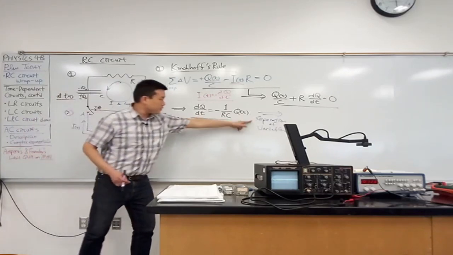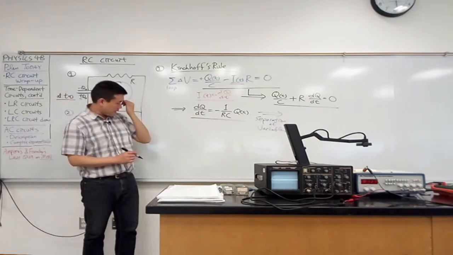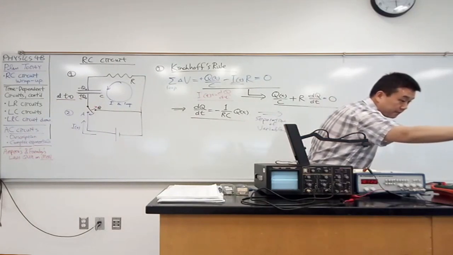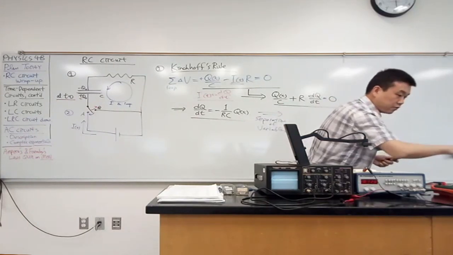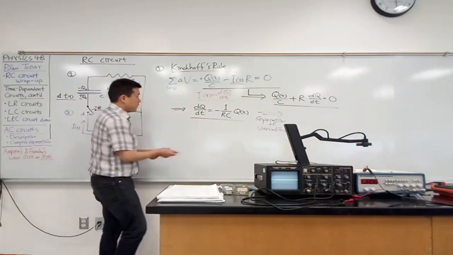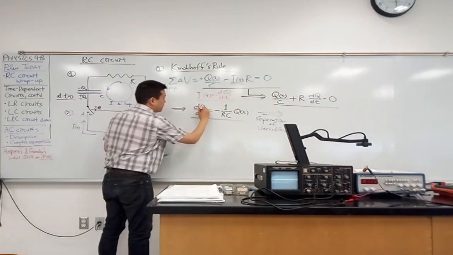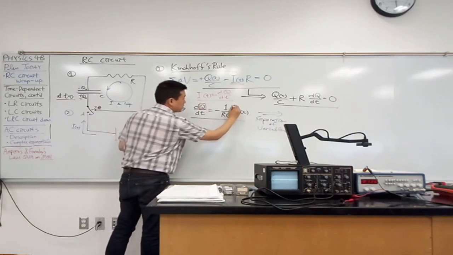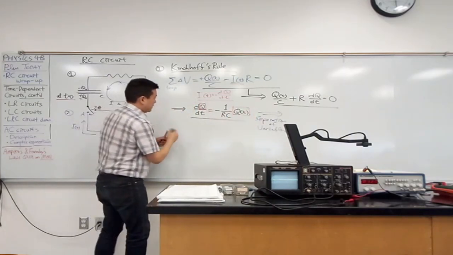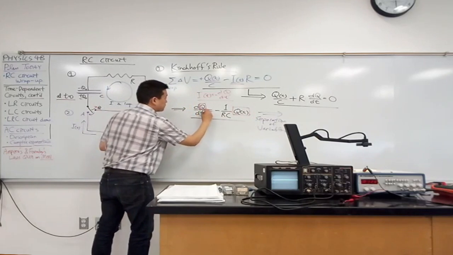So the way I separate the variables is I look at my variables here. Let me underline them in green and red. I have 2 variables here. Let me box them. I have Q as a variable, here's my Q, and I have t as a variable.